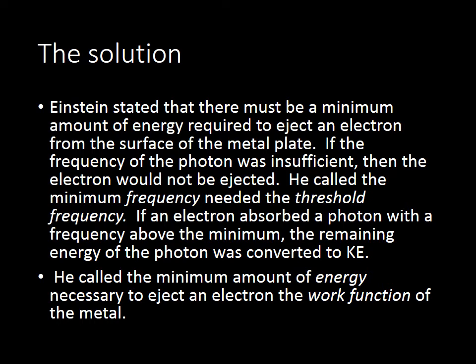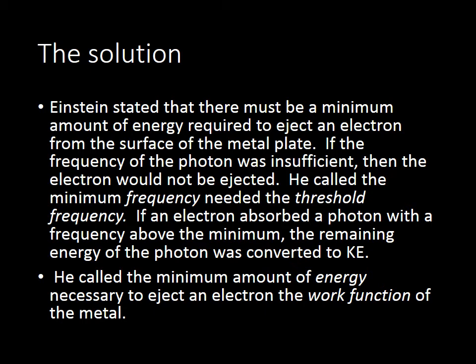If the frequency was high enough, though, like with green or blue or violet light or ultraviolet or gamma radiation, then the electron would absorb that photon, and it would have enough energy to escape the metal plate. And if there was any energy left over from that photon, it would be converted to kinetic energy.